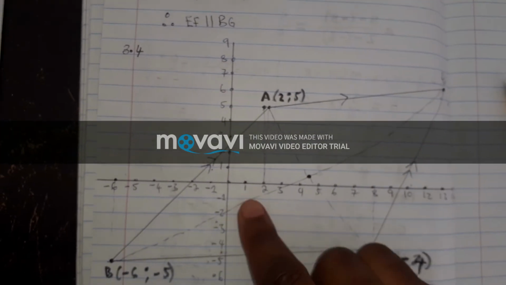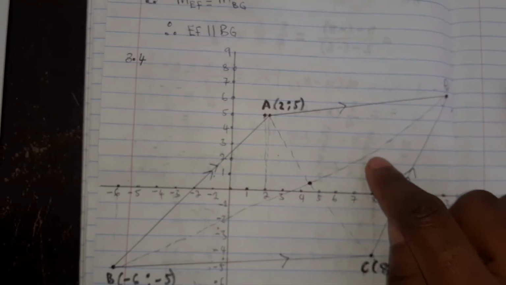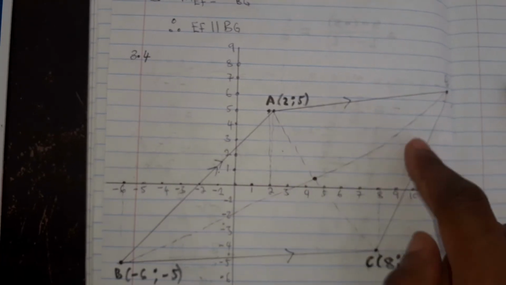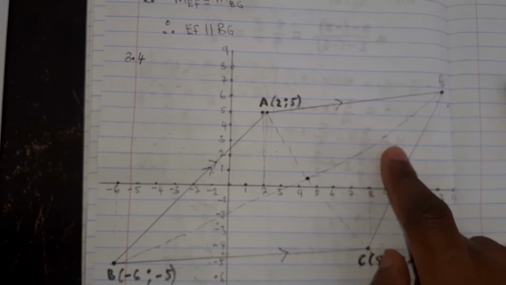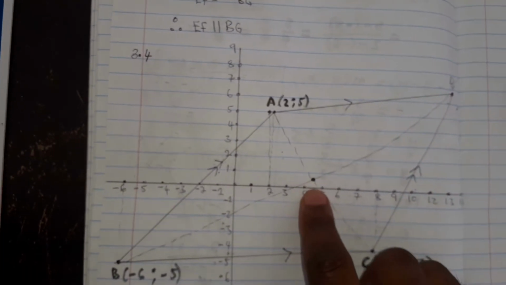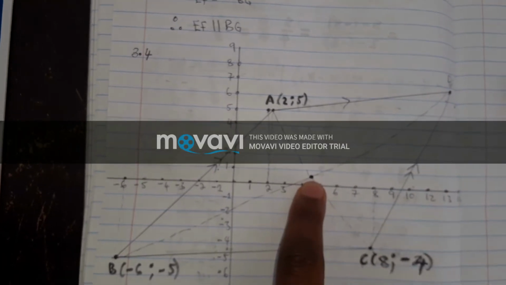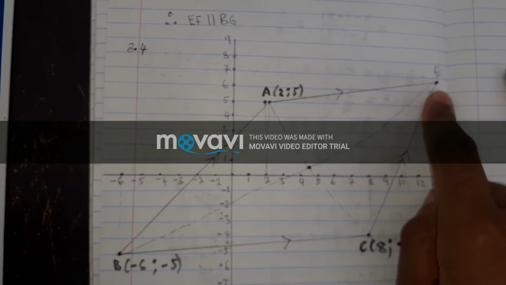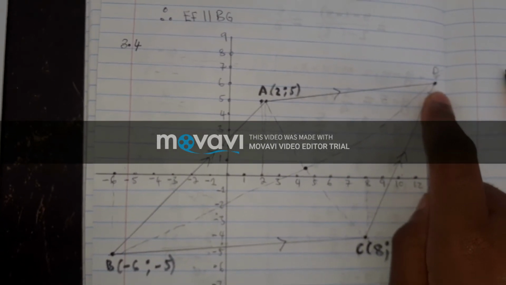So we can calculate the midpoint, using the formula to calculate the midpoint to find the coordinates of D. That's the easiest way.